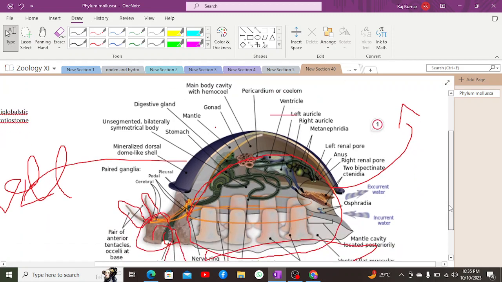As you can see in the diagram, there is a pericardial cavity. This is the pericardium, and the cavity of the pericardium is known as the pericardial cavity or the coelomic cavity.